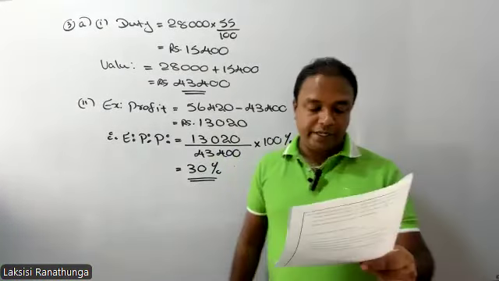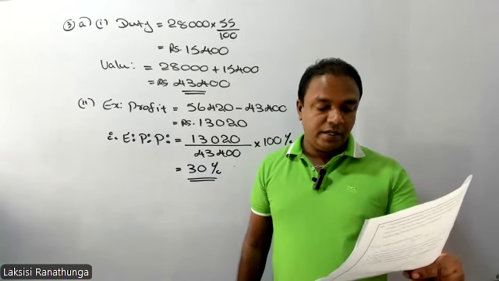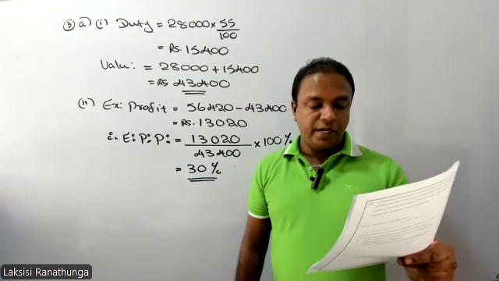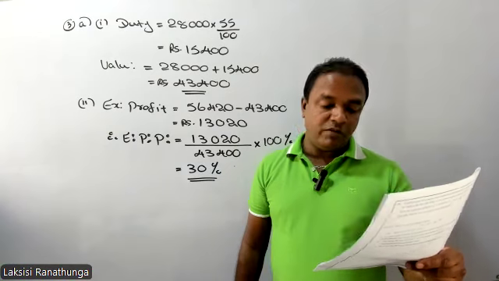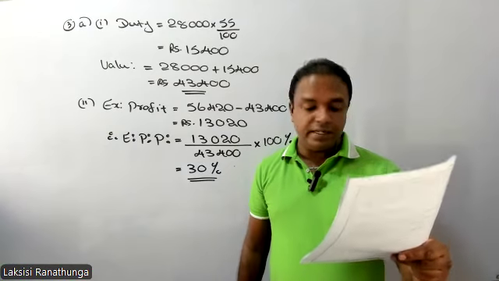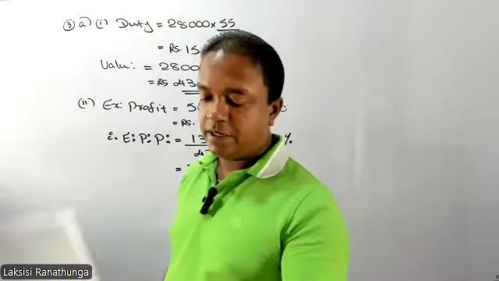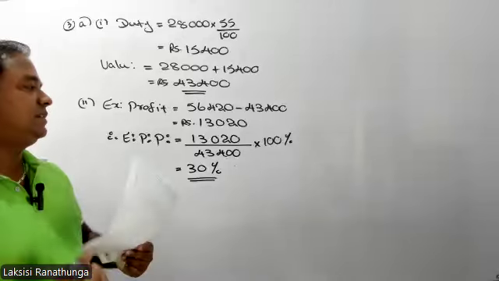Then problem number 3, it is earned a profit of 28% when selling the above equipment by giving a discount. Find the discount given. So it is earned a profit of 28%.